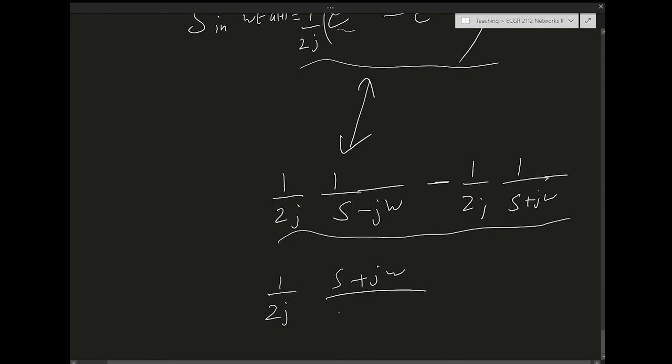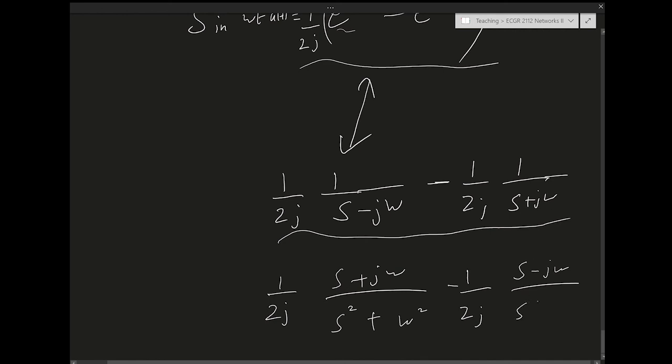So what would that give me? That would give me s squared; minus jω times plus jω gives j times minus j, which is 1, so it's going to give me ω squared, and then minus jω plus jω is going to be 0. So this is just going to give me s squared plus ω squared. Minus 1 over 2j, and then multiply the numerator and denominator by (s minus jω) over (s minus jω).